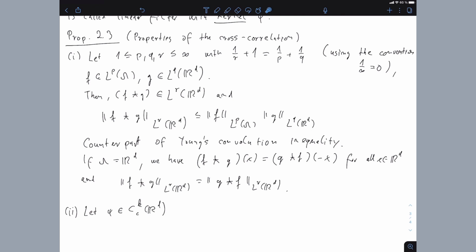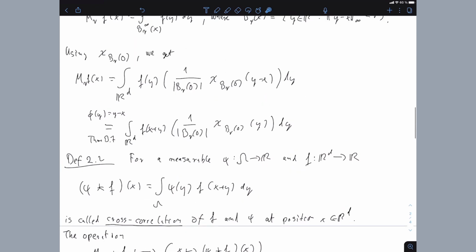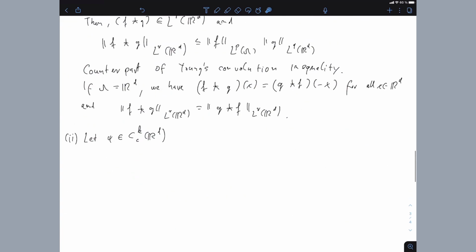For instance, here it would be the circle with radius r where our support is, and we assume that the set where the function is non-zero is bounded. And we take f in L^p with p between 1 and infinity.